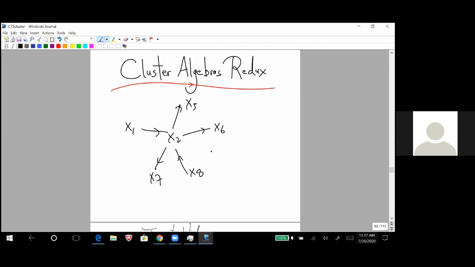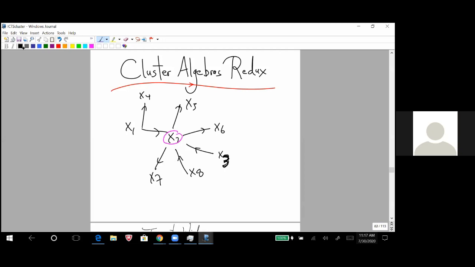I don't know why I forgot x3 and x4. Okay, now let's say I'm mutating at x2.